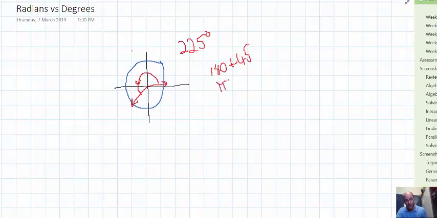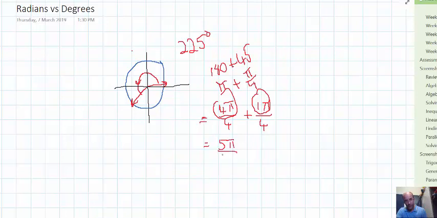So in terms of radians, that's pi radians plus pi on 4 radians, and that equals, if you need to put them both over 4, 4 pi plus 1 pi over 4. 4 pi and 1 pi make 5 lots of pi, and it's 5 pi on 4.